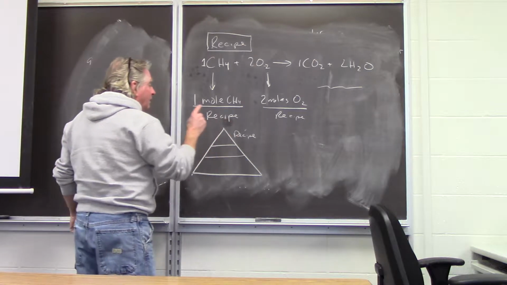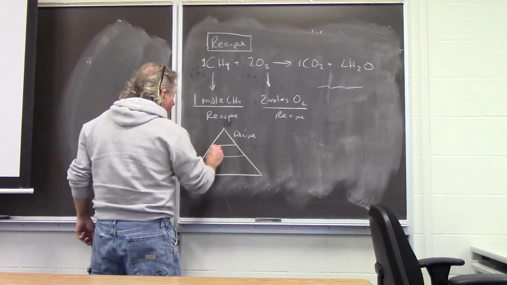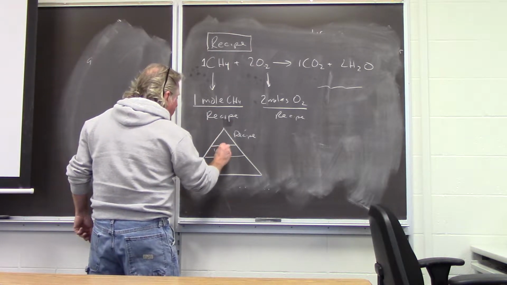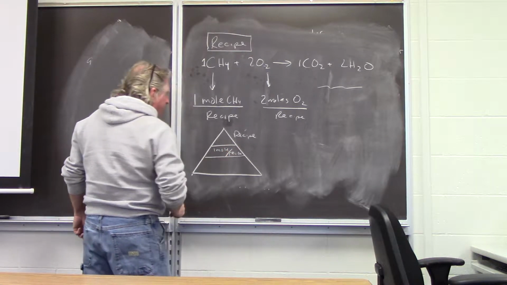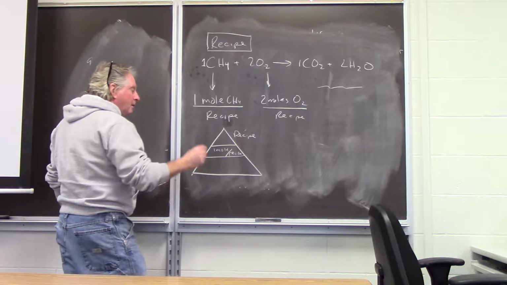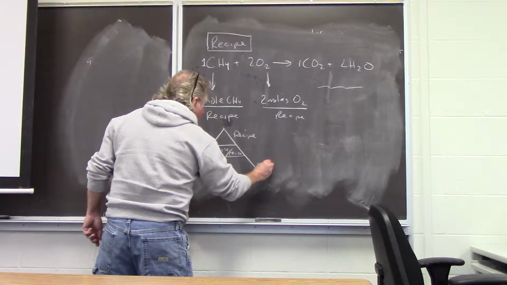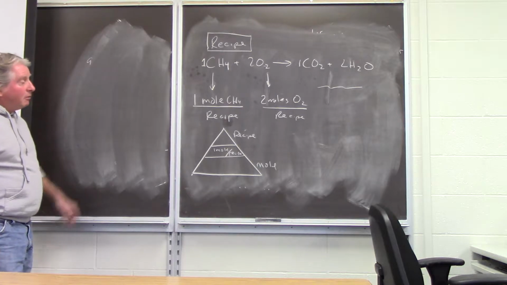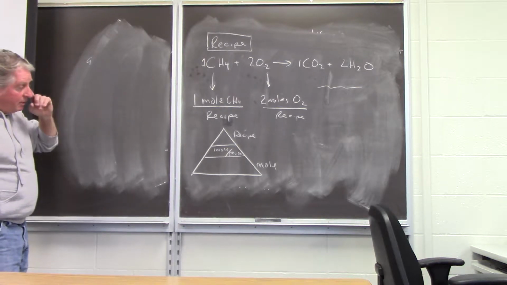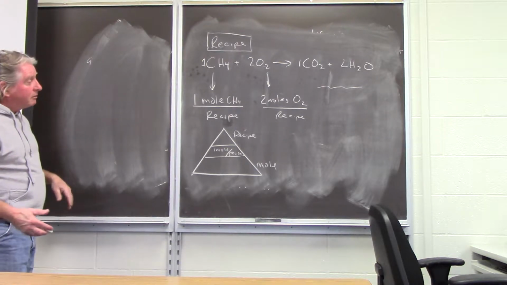The grouping size is the moles per recipe, which in this case is 1 mole per recipe of methane. And what am I grouping? Okay, we're just going to deal with methane. Now let's just work through it.